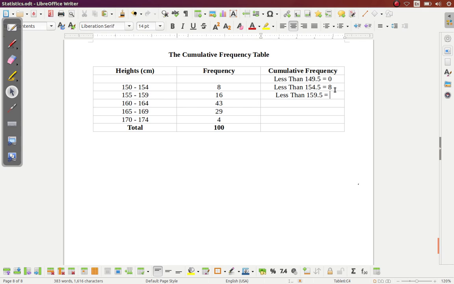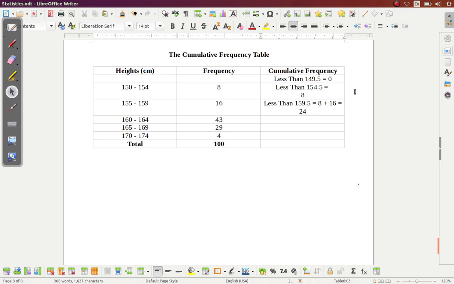So it's going to be 8 plus 16, and that gives you 24. That's 24. Alright, 24. That's the idea.